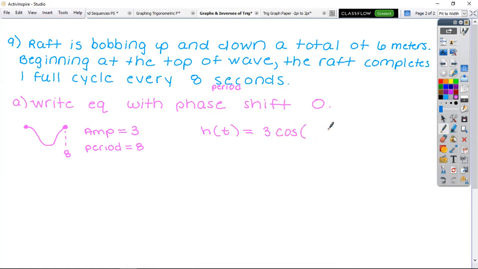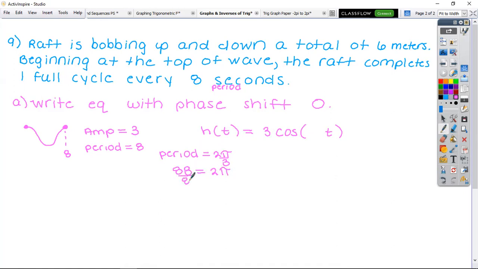And then let's find it. So phase shift of 0, you don't have to worry about that. We are given the period, so I'm going to go period is equal to 2 pi over frequency, and you're going to substitute in. So I have 8 times b, if I cross multiply, equals 2 pi.